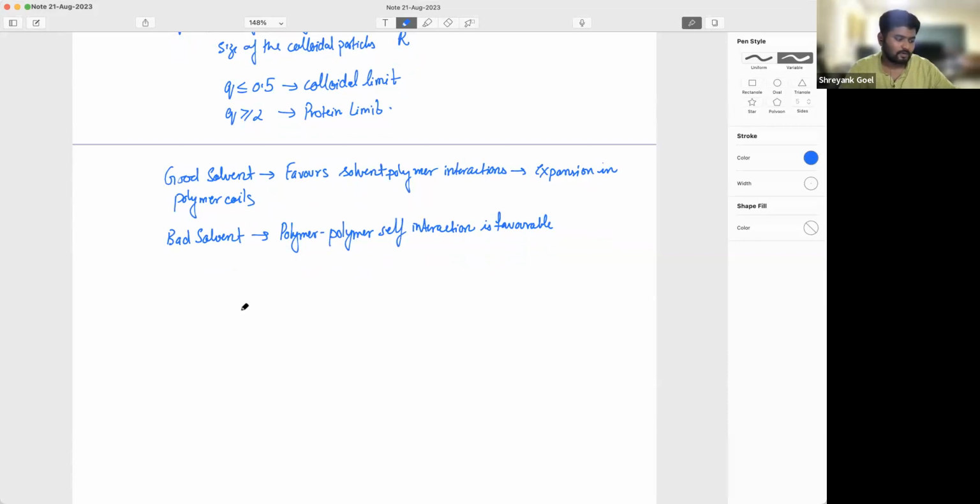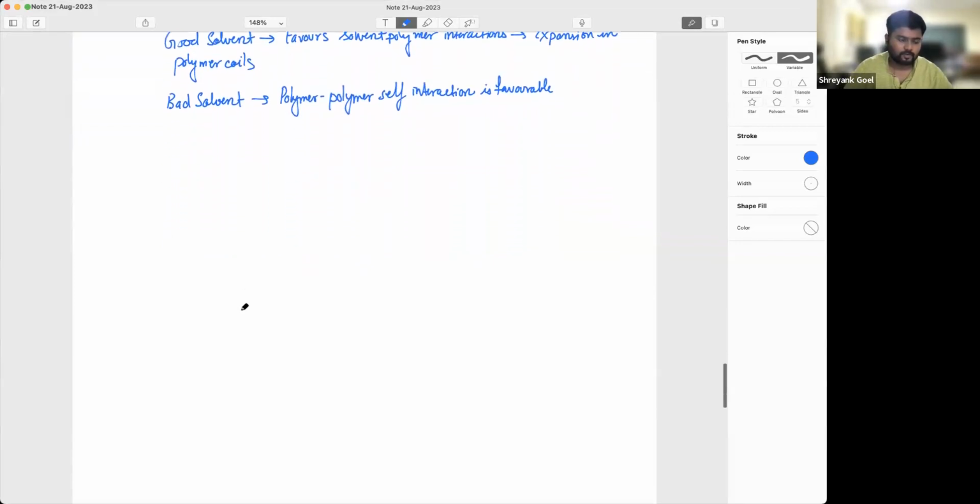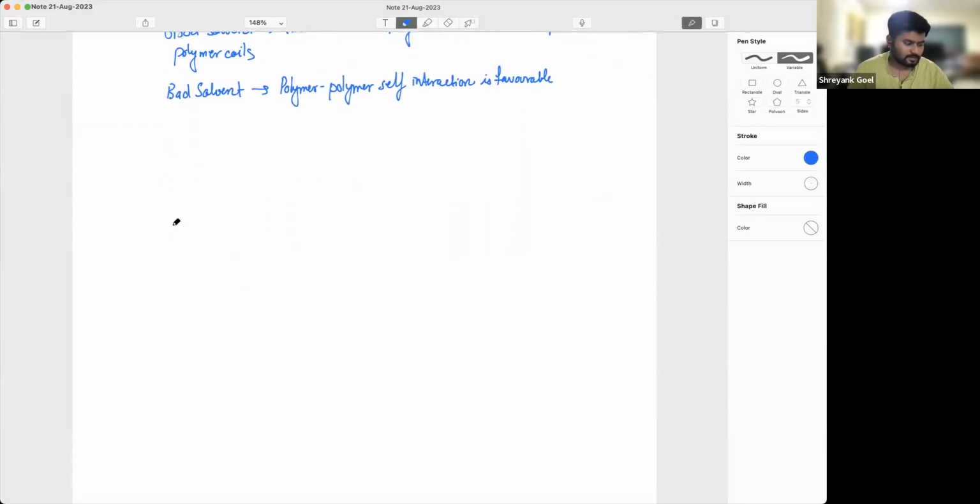Now we will quickly look at some other terminology that was discussed, that is bridging flocculation.